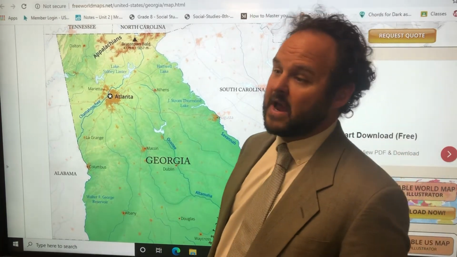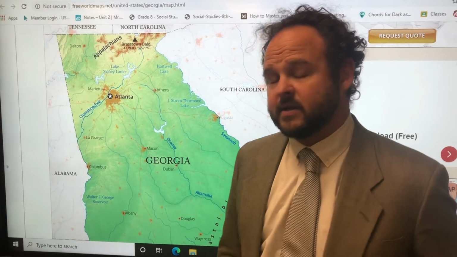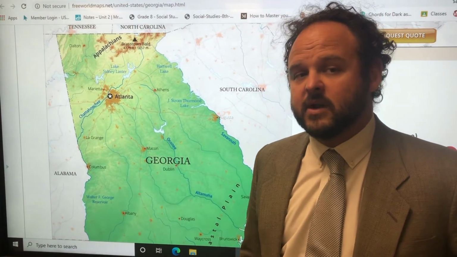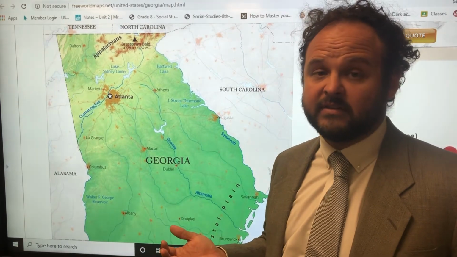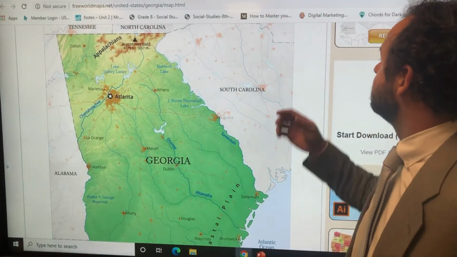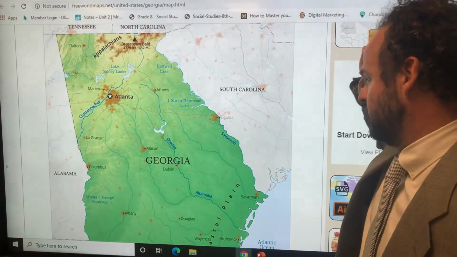So right now, the Chattahoochee River is important not so much for navigation or trade, but it's important as a water source for the cities that it feeds, becoming increasingly more important as time goes on.